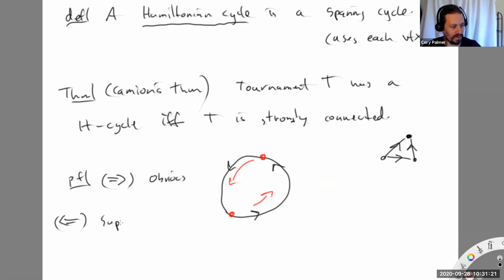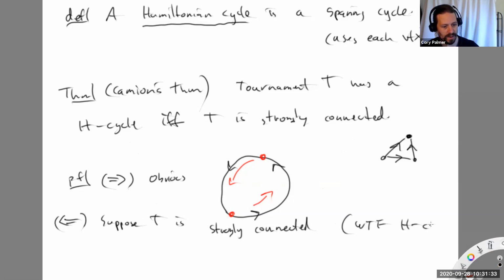Okay, so suppose T is strongly connected, and we want to find a Hamiltonian cycle.